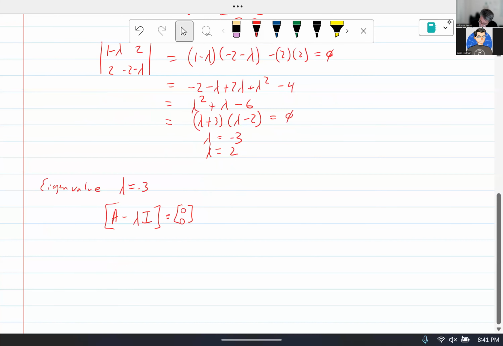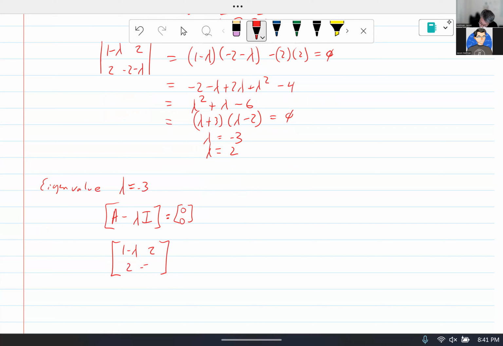So we're going to say that 1 minus lambda, 2, 2, negative 2 minus lambda, 0, 0.